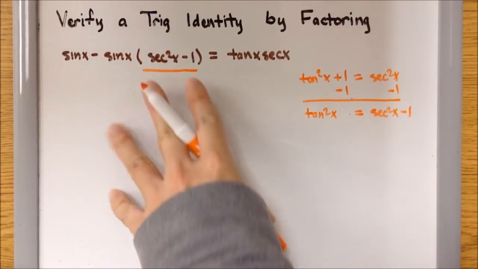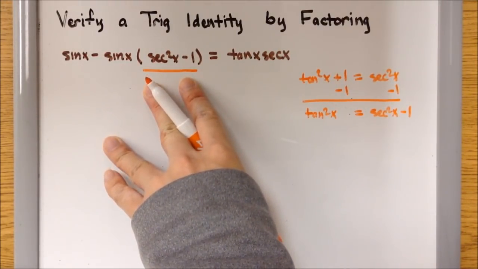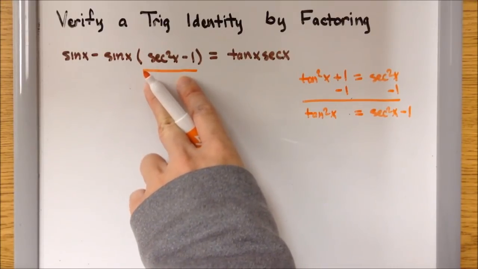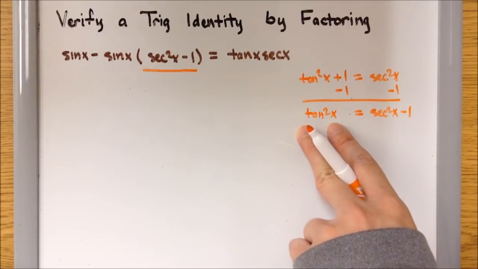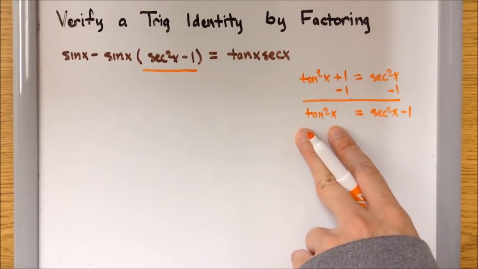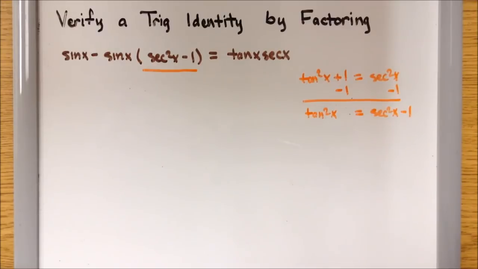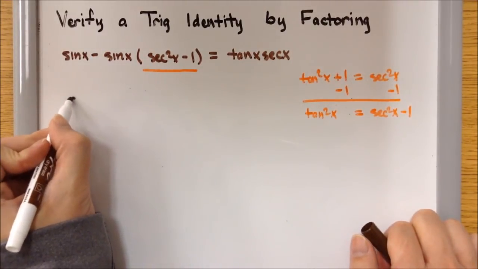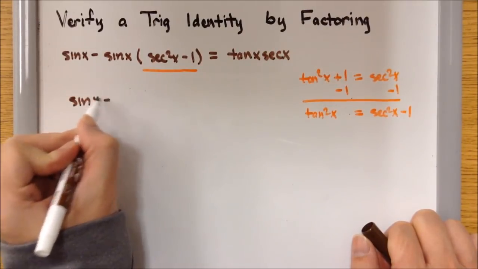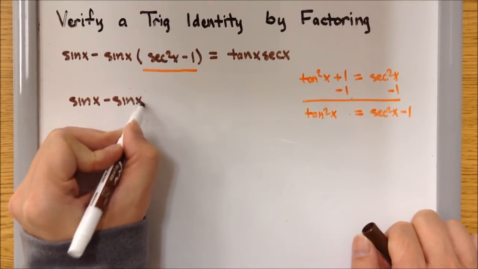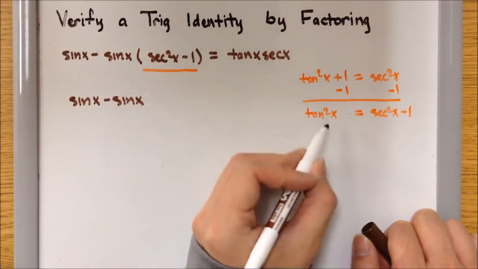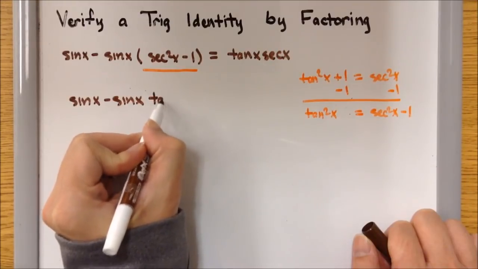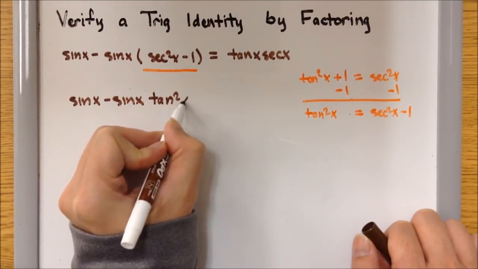I'm going to switch out secant square of x minus 1, which is complicated right now, and put in a simpler term, tangent square of x. At the moment, everything's going to stay the same: sine of x minus sine of x. Instead of secant square of x minus 1, I'm just going to put tangent square of x.